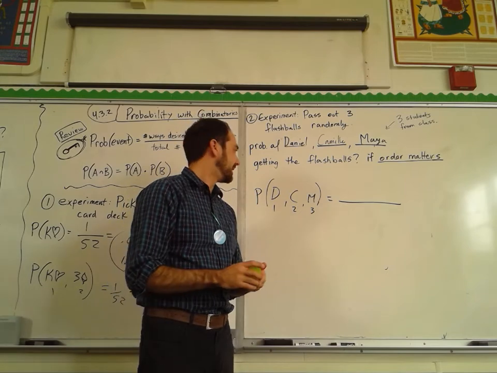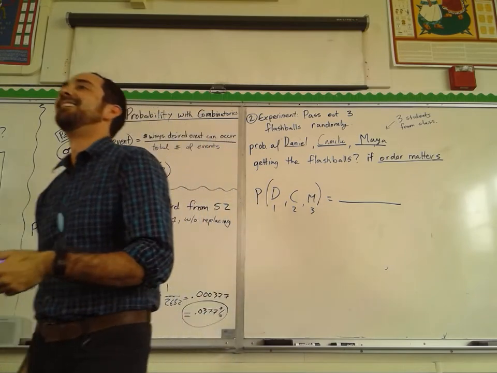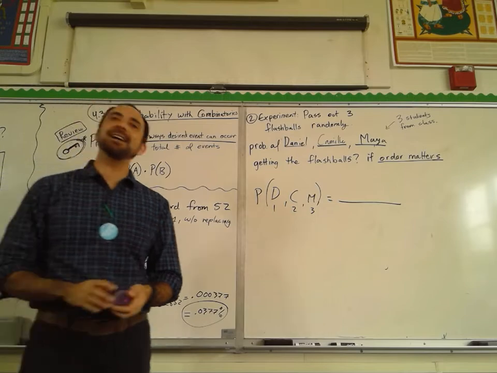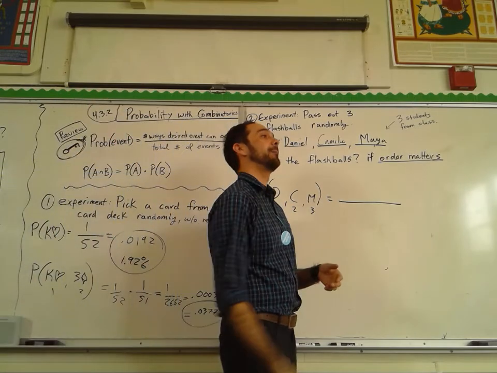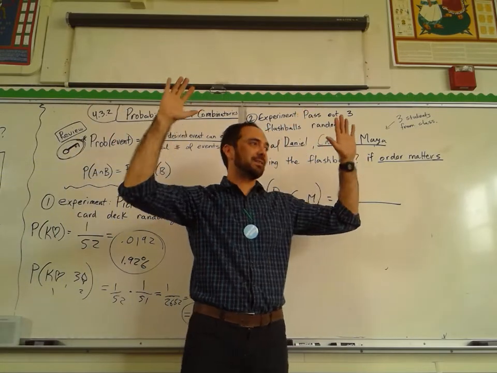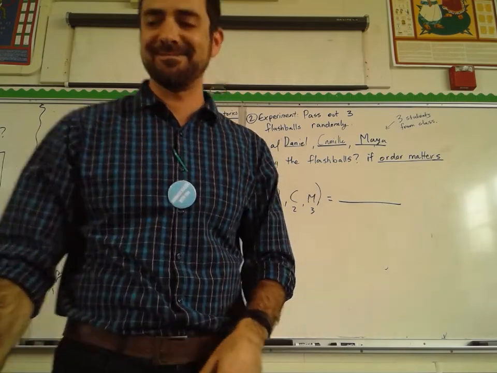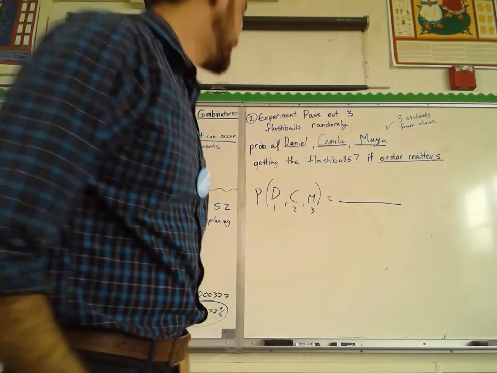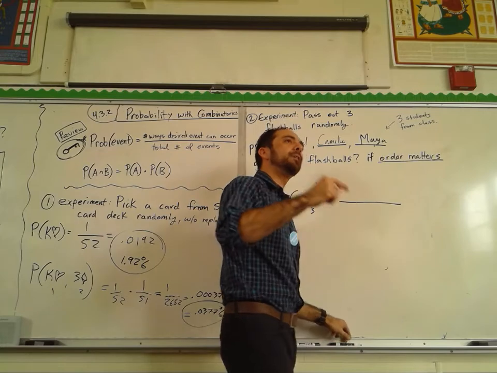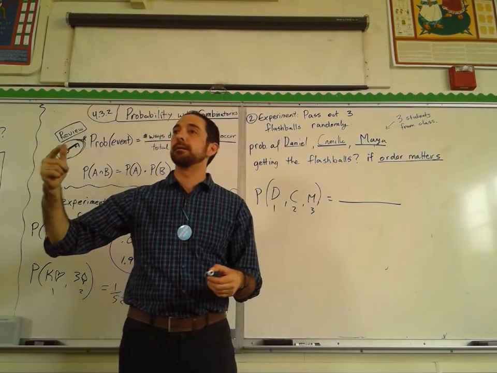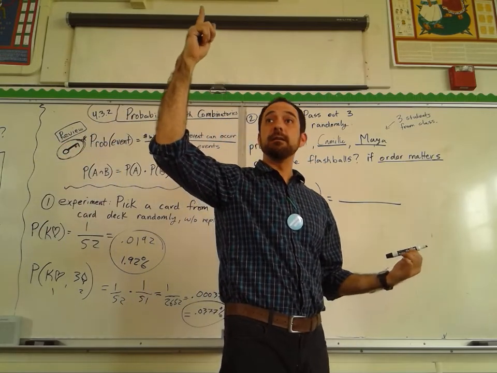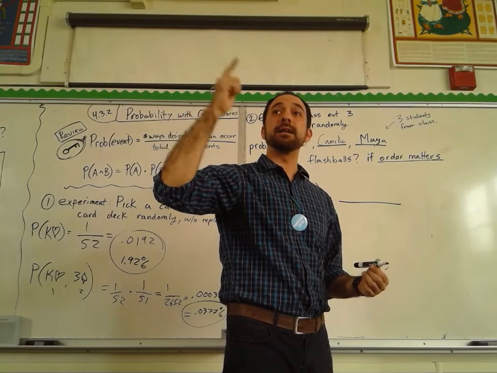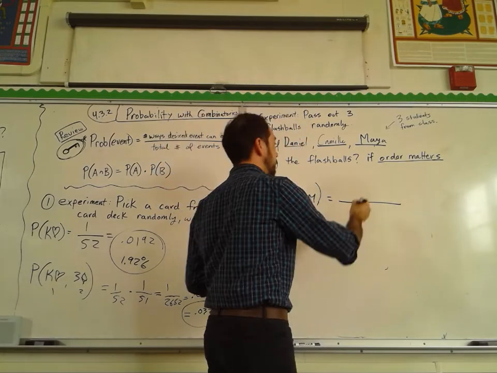Then it goes to Camille. Then it goes to Maya. And everyone caught it, so everyone gets an A. Yay! Okay. Sorry, that's a bad joke. How many ways could that happen? One way. There's only one way if the order matters, and I need these people to go in this sequence. So there's one way that'll happen.